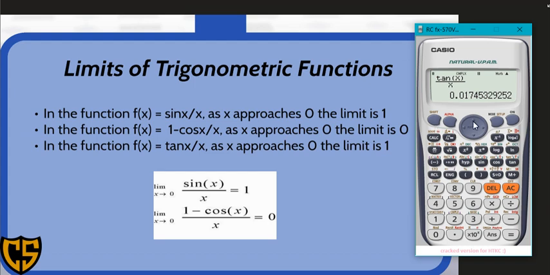So this time we are going to set sa aton nga calculator into radians. So aton calculator should be in radians nga mode. So number 4, so we click for here. Then calculate naton and substitute the value nga approximately equal to 0, then aton answer will be equal to 1. So the safest way is that kinahanglan if you are going to solve some limit of a function or mag-substitute ka para makita nimo ang limit of functions, your mode sa imo calculator should be in radians. So para safe ka.